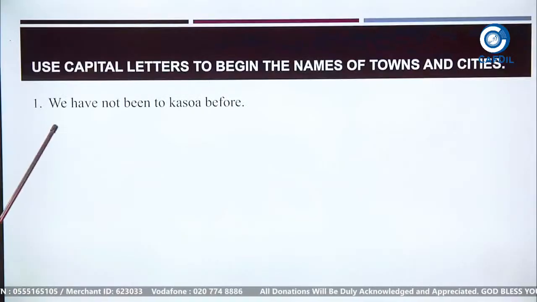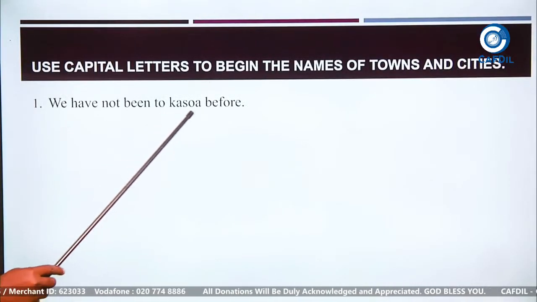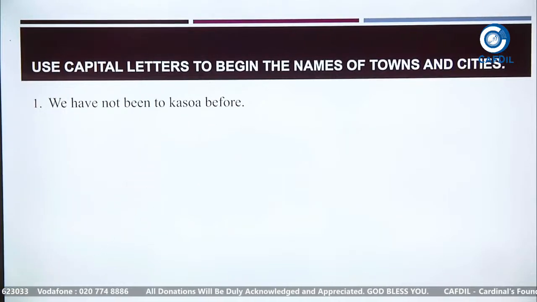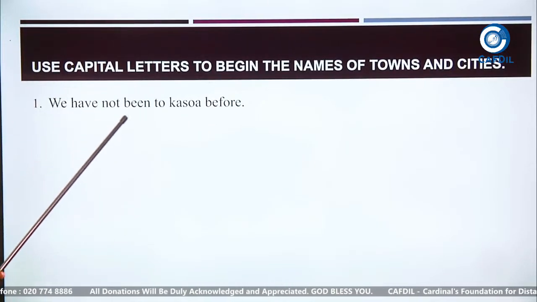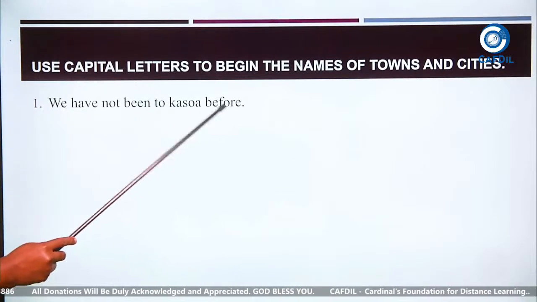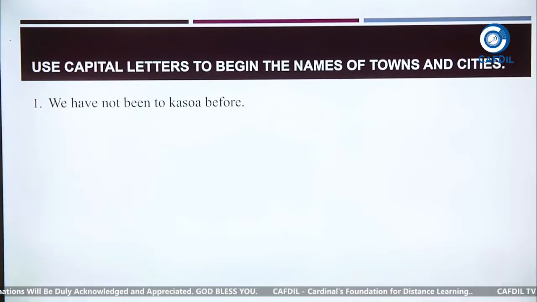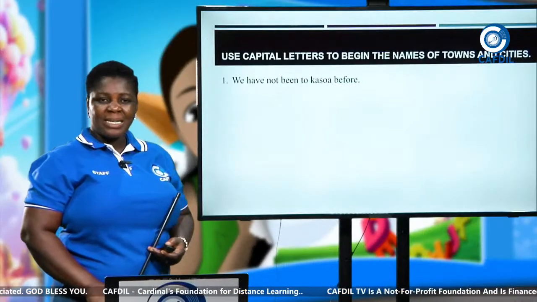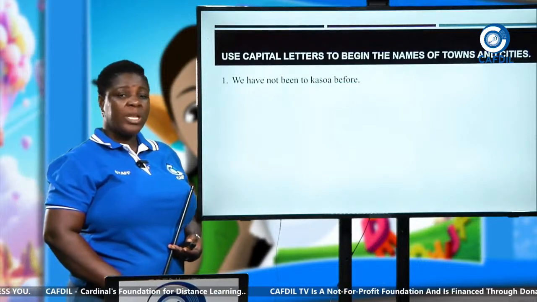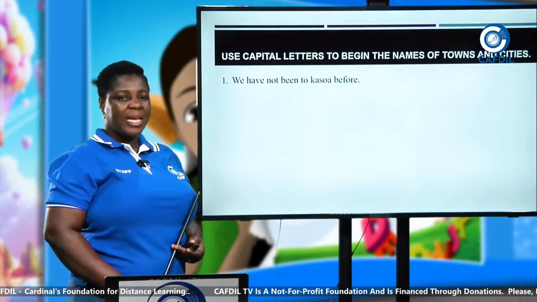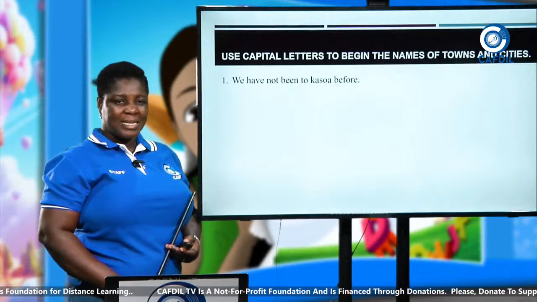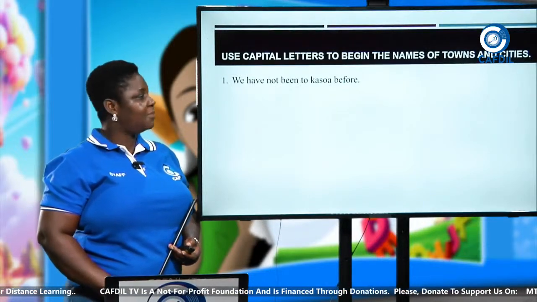Sentence 1. We have not been to Kaswa before. Learners, what do you think will be the proper noun that is showing a place in this sentence? And when you find it, you should begin with a capital letter when you are writing it.